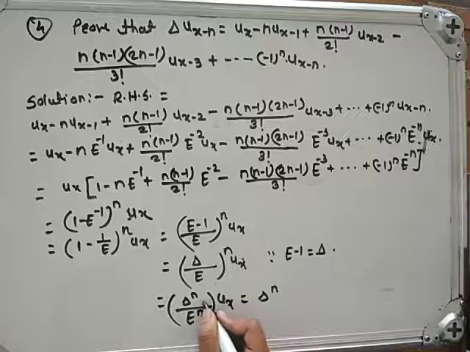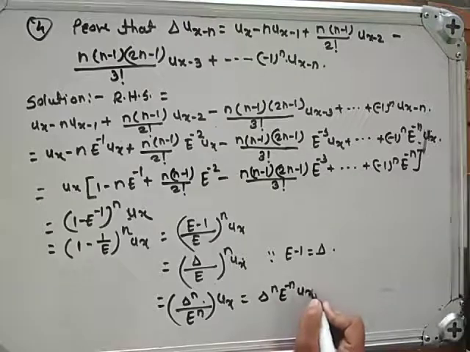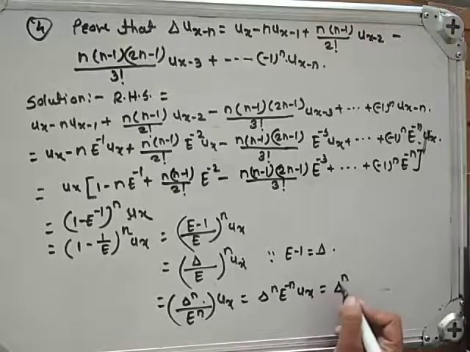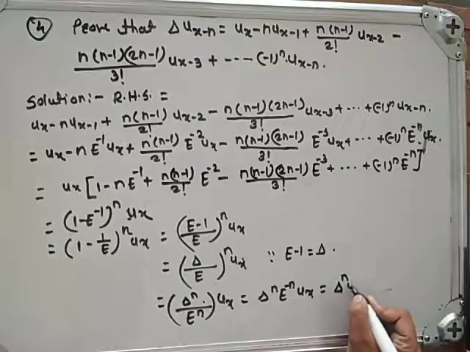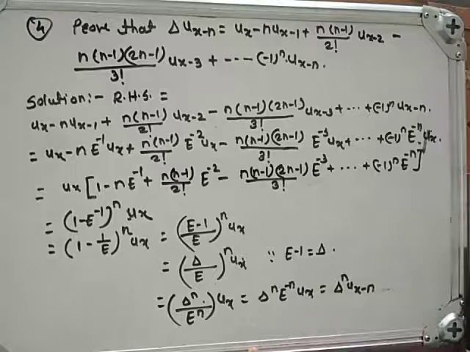If we take it to the numerator, it becomes e raised to minus n into u_x, and this is nothing but delta raised to n u_(x minus n).